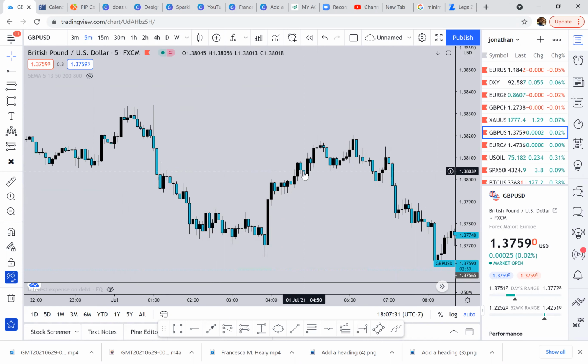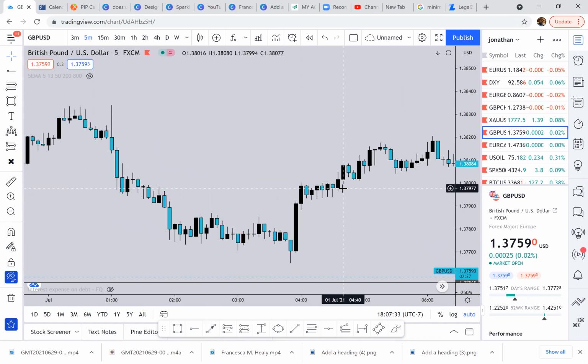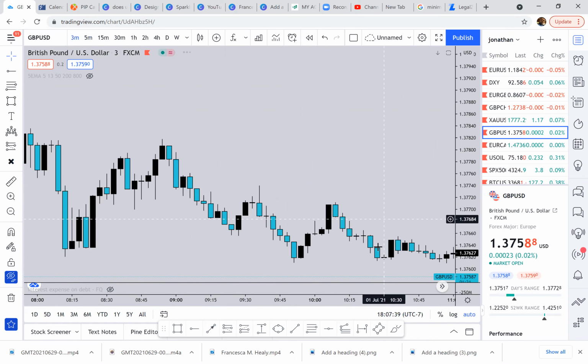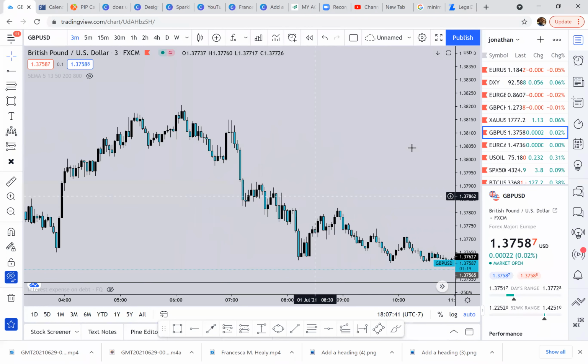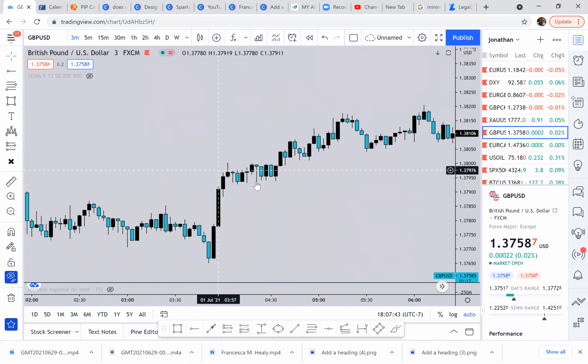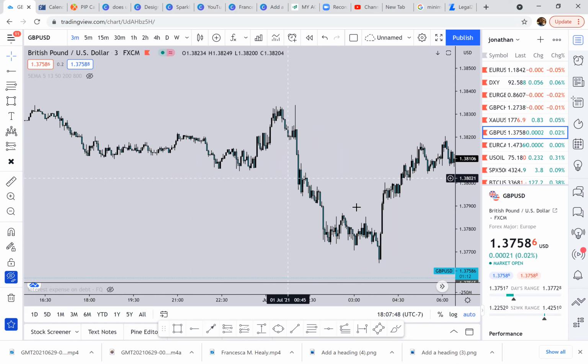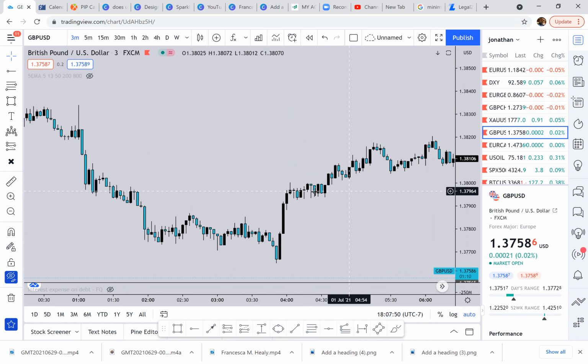But then, like I said, what they like to do is create an opportunity for you to think that they'll take the stop loss that you probably put in. So we're going to go back to that area, which is pretty much here.